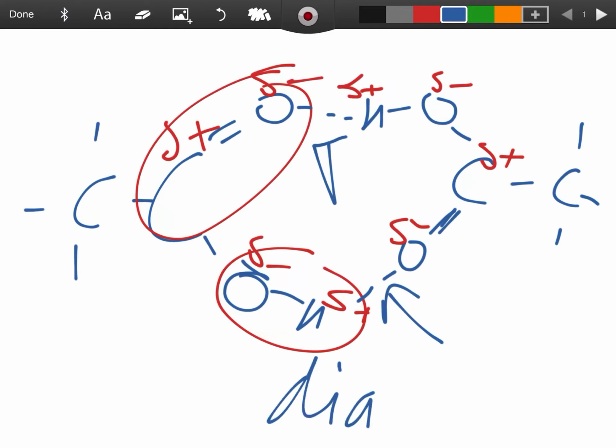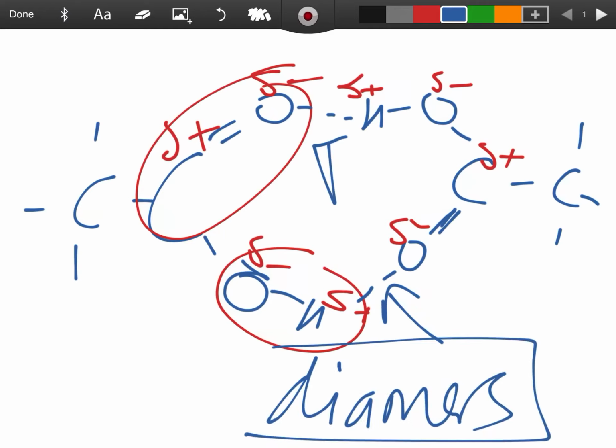This is slightly positive, slightly negative. Look, you can actually have two hydrogen bonds per molecule. So with alcohols, you could only have one hydrogen bond per molecule, but with acid you can have two, so they're called dimers. So as a result of that, you have twice the number of hydrogen bonds between acids than you have between alcohols. So acids would have higher boiling points than corresponding alcohols.